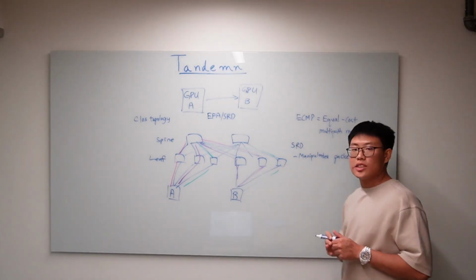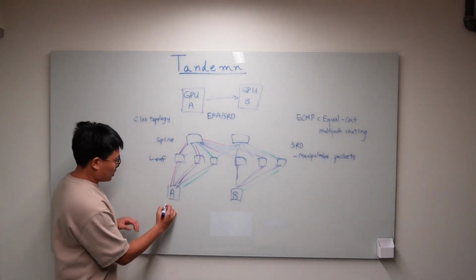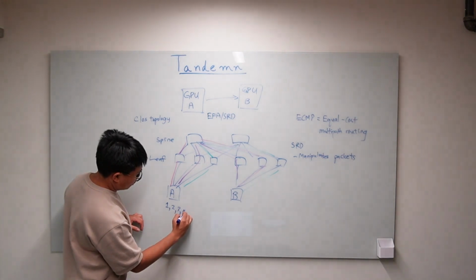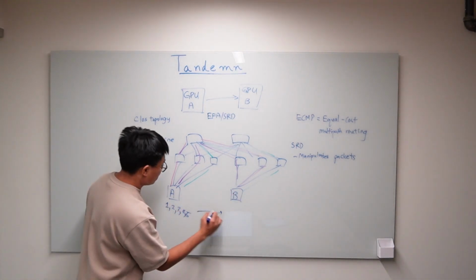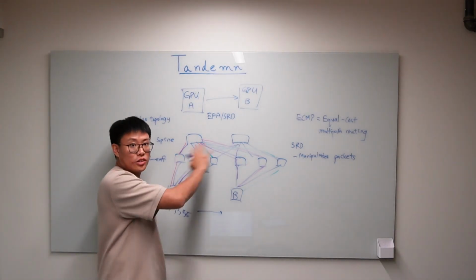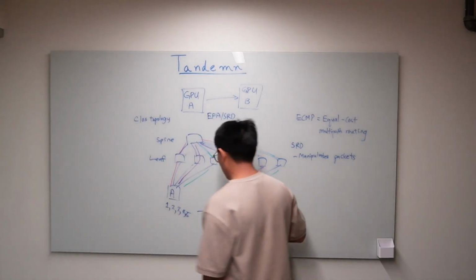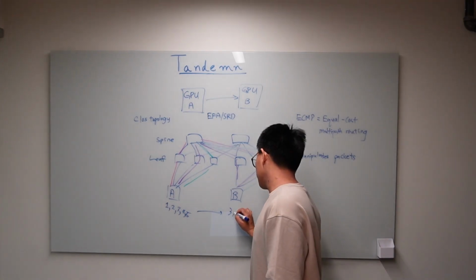The side effect of doing something like that is that, for example, if node A wants to send packets 1, 2, 3, 4, 5 to node B, it can actually send packet 1 on path A, packet 2 on path B, packet 3 on path C, and so on. The side effect is that all the packets will take different paths and arrive at B in whatever order they come in.